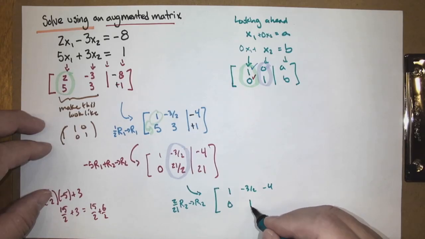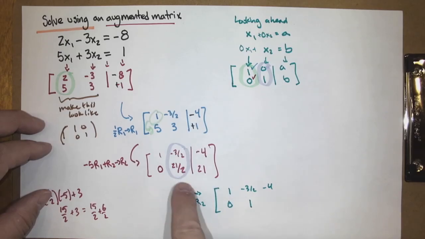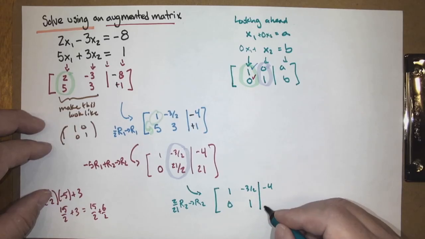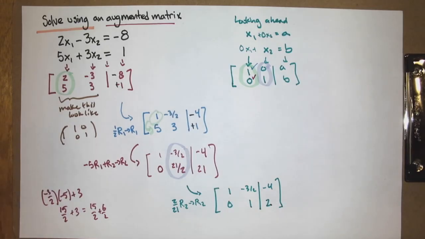0, 1. Now, it's 1 by design. It has to be 1. 21 times 2 over 21 becomes 2. All right. Notice we kept the first column pristine.